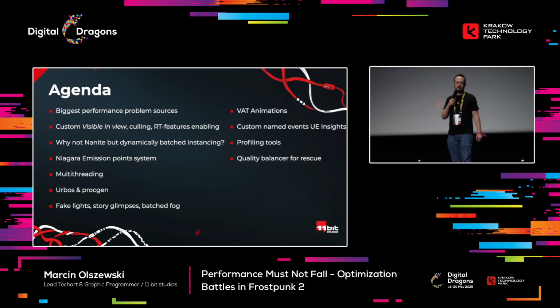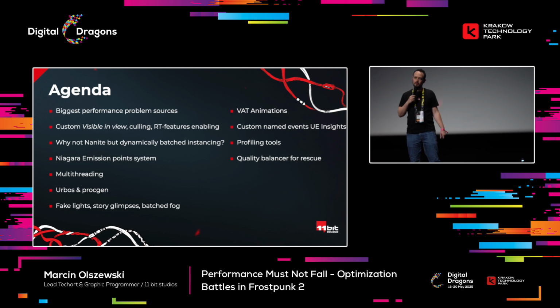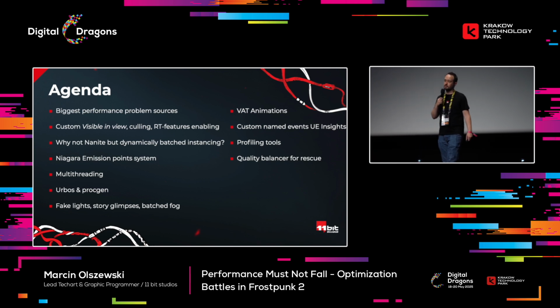First will be about just the sources of problems in Frostpunk 2, because it's quite a large game and with a lot of problems that we have had to tackle.